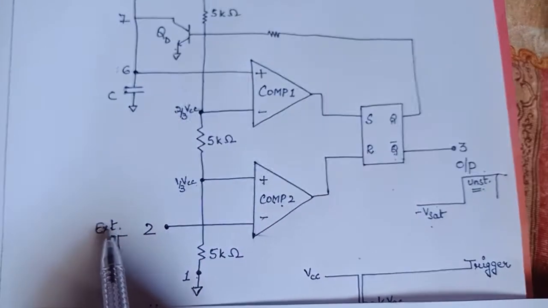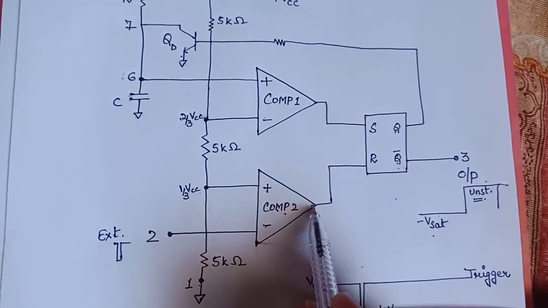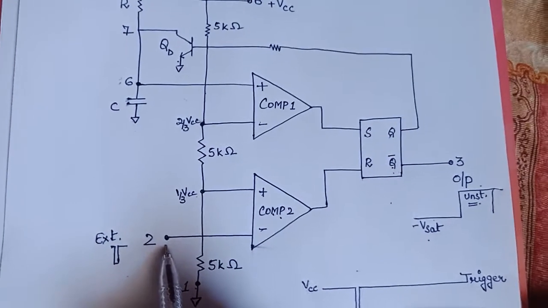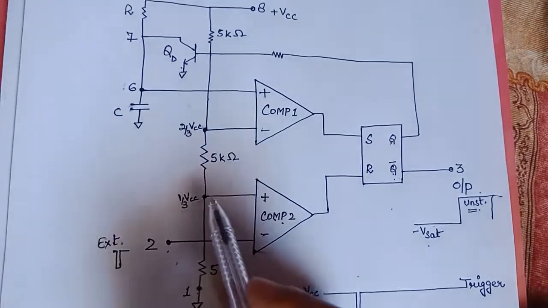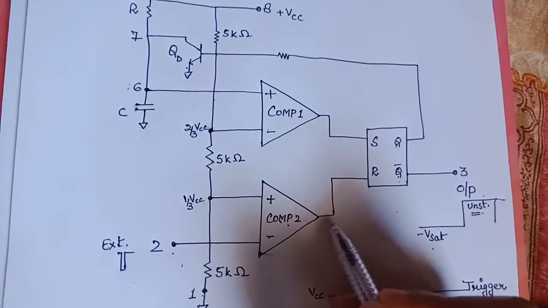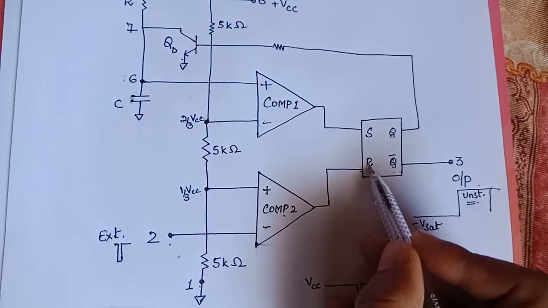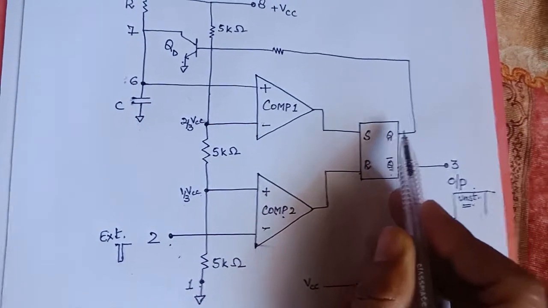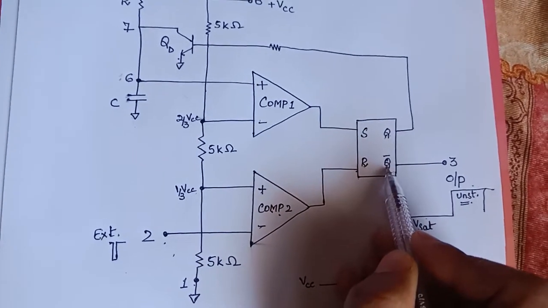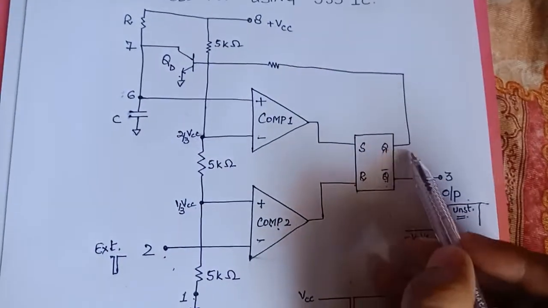When the external trigger becomes less than 1/3 VCC, this output will go high and put your flip-flop into the reset condition. Reset means your Q will go low and Q bar will be high as soon as we apply the external trigger.